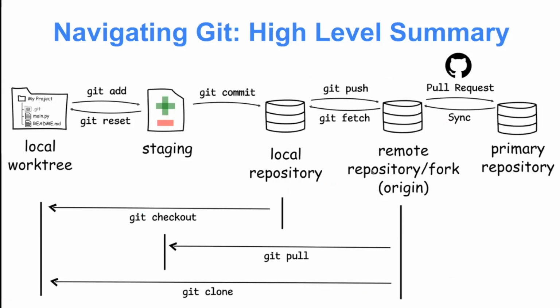And finally, there's this other step, a so-called pull request and a sync that allows us to sync our forked repository to the repository we forked from. So a pull request will request that changes you made to your GitHub repository get synced to someone else's repository.